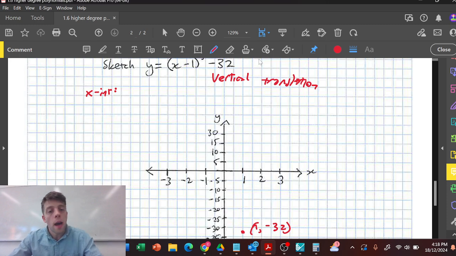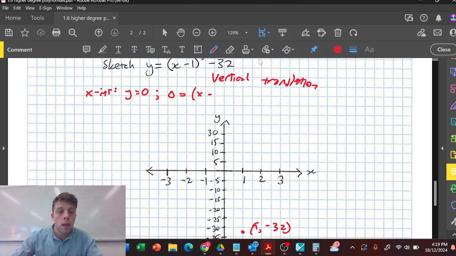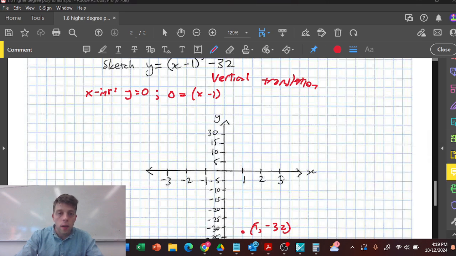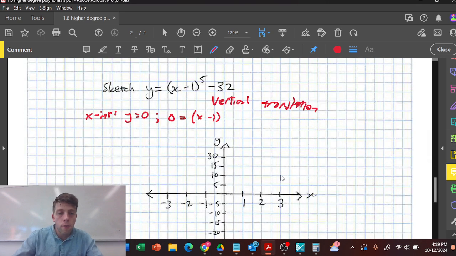Always label them. And then we need to find our x-intercepts. So we let y equal 0 and substitute that in here. We get 0 is equal to (x minus 1) to the power of 5 minus 32. Then we can bring this 32 over this side. We get 32 is equal to (x minus 1) to the power of 5.